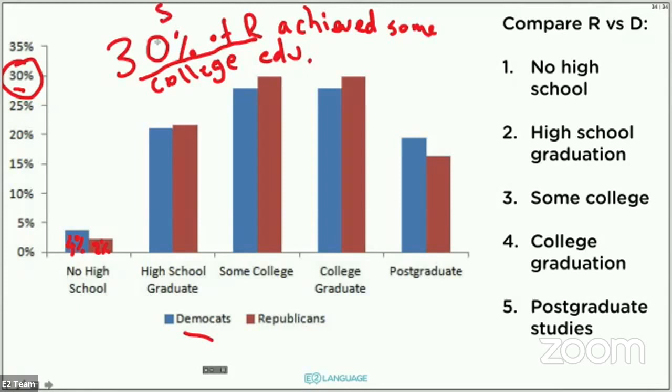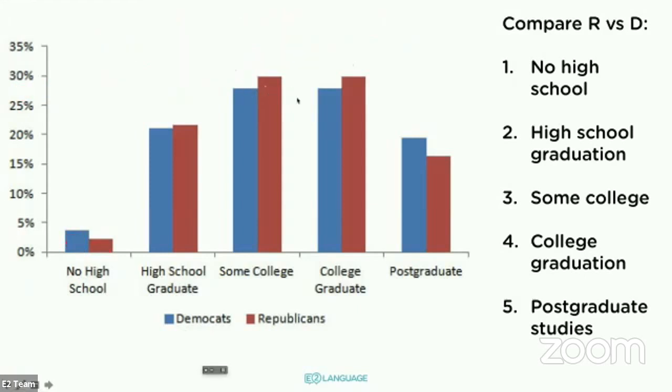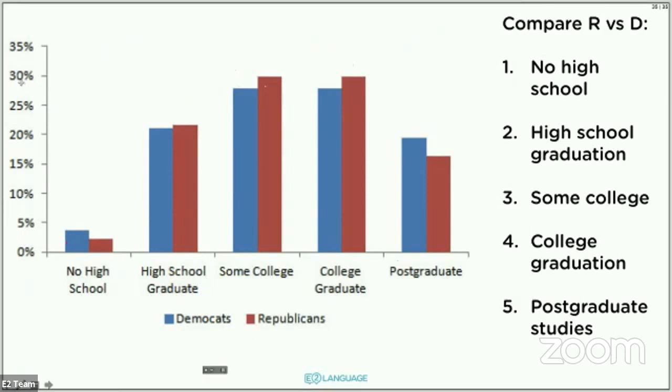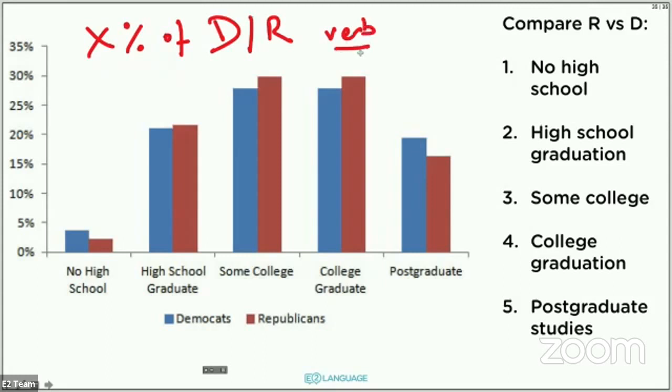Here's your subject, 30% of Republicans, here's your verb, achieved some college education, while only 27% of Democrats did. So let's think about your sentences by starting with X percentage of Democrats or Republicans, and then you want your verb here, achieved, for example.